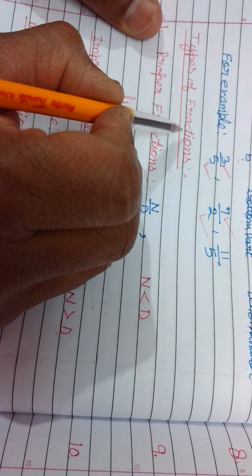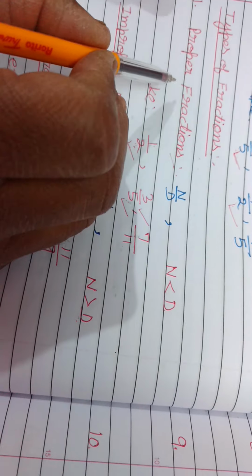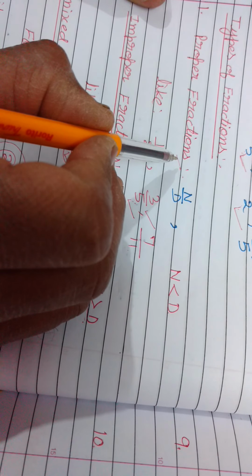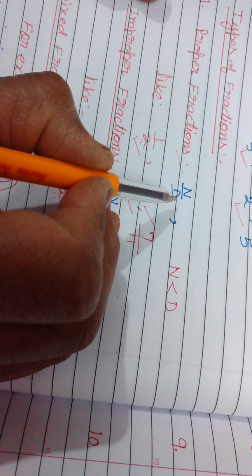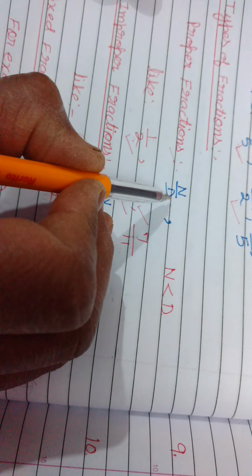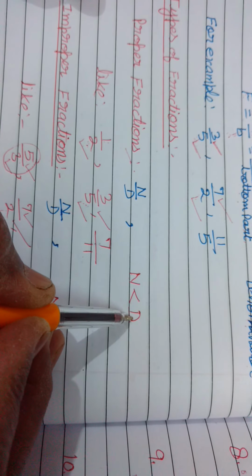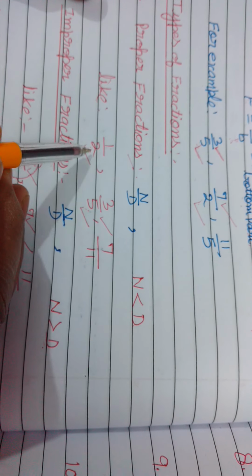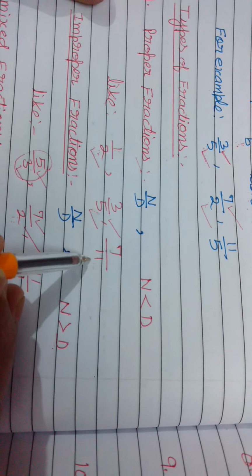Let us learn various types of fractions. First, proper fraction. Proper fractions are fractions where the numerator is smaller than the denominator, like 1 by 2, 3 by 5 and 7 upon 11.